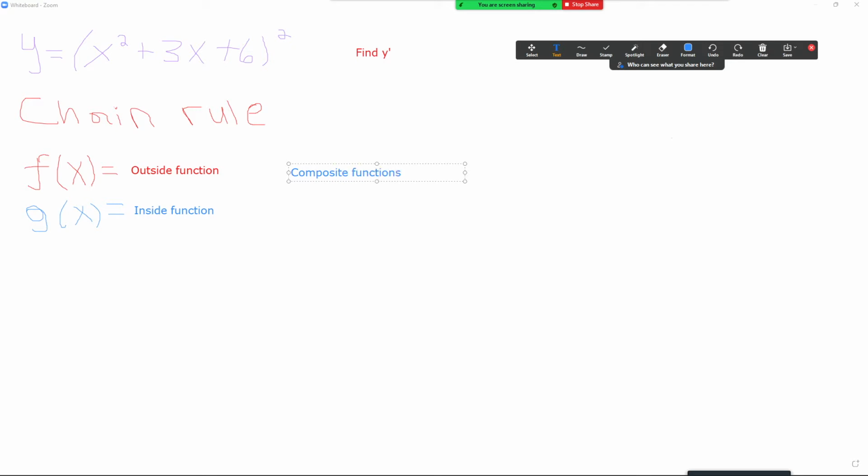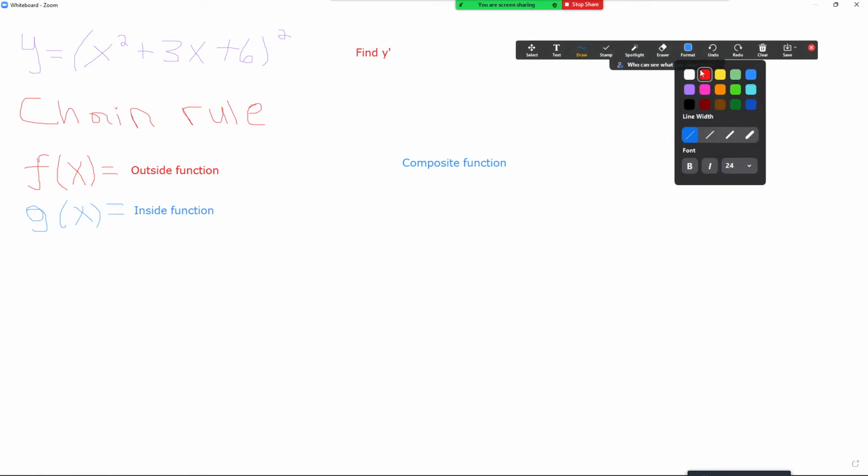A composite function is basically a function where you have multiple functions, but usually you're substituting one function inside of another function. And this is a way to grasp the idea of chain rule.